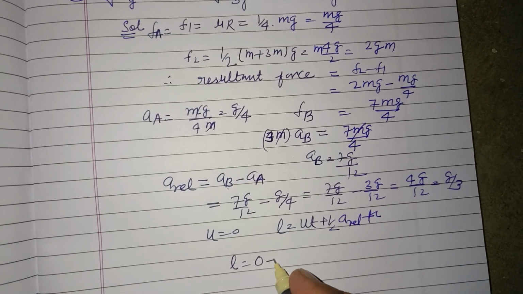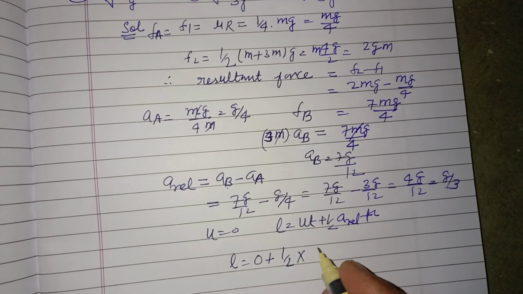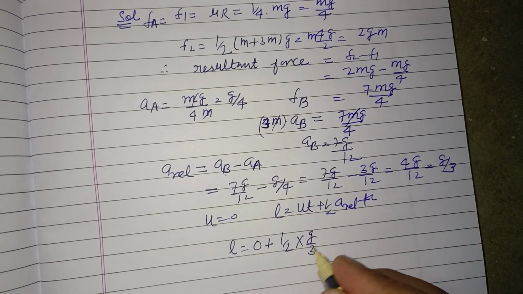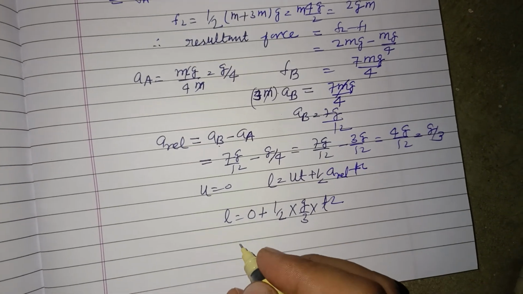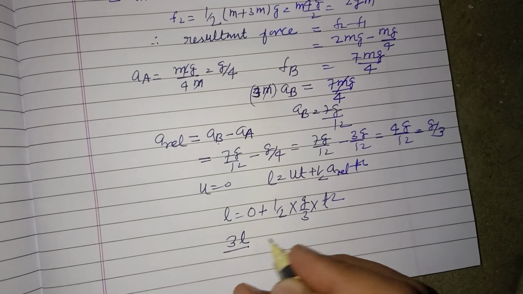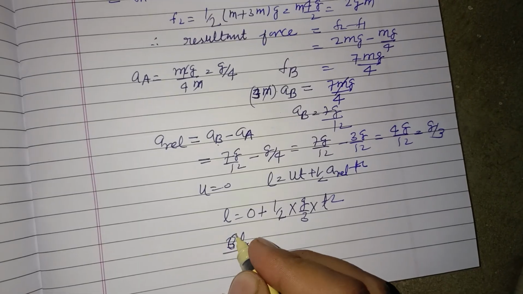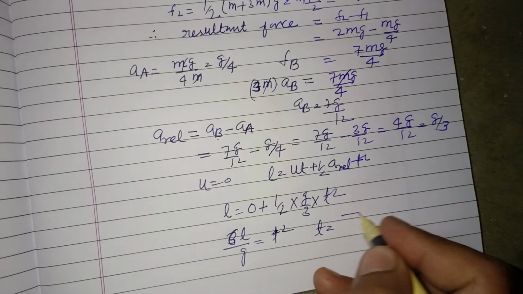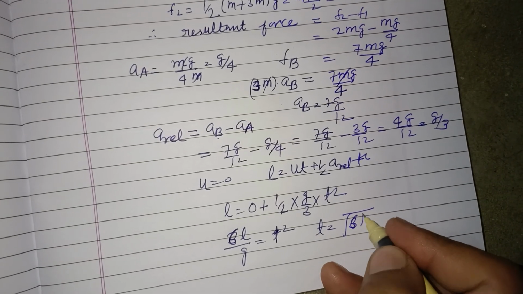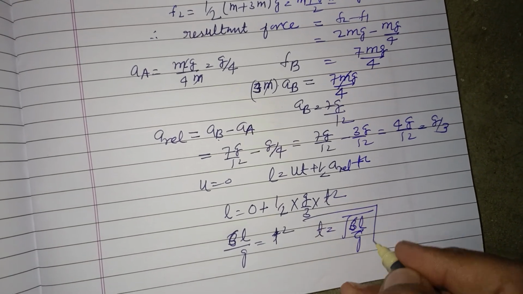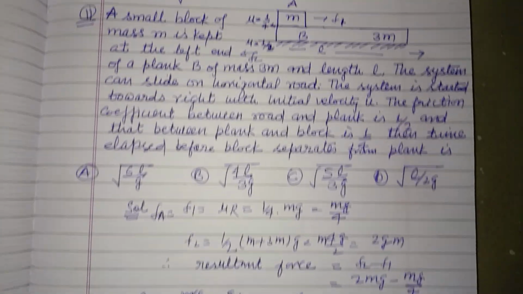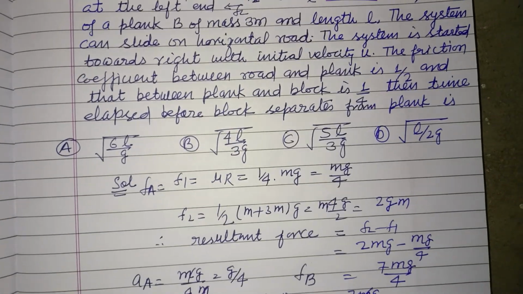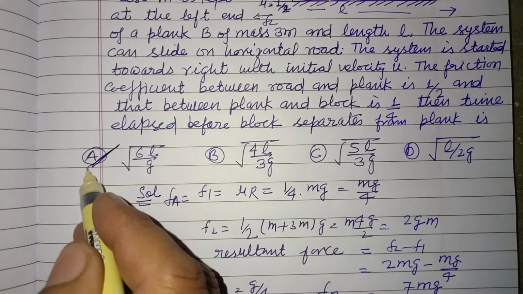So L equals 0 plus half times g/3 times t squared. Therefore 6L/g equals t squared, or t equals the square root of 6L/g. So this is the time elapsed by the block A, and the answer is option A.